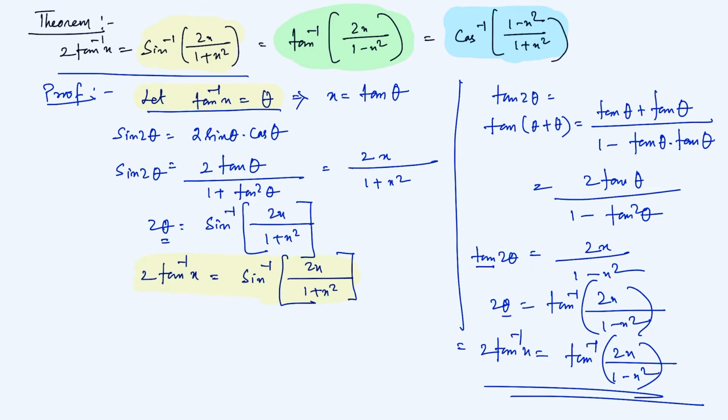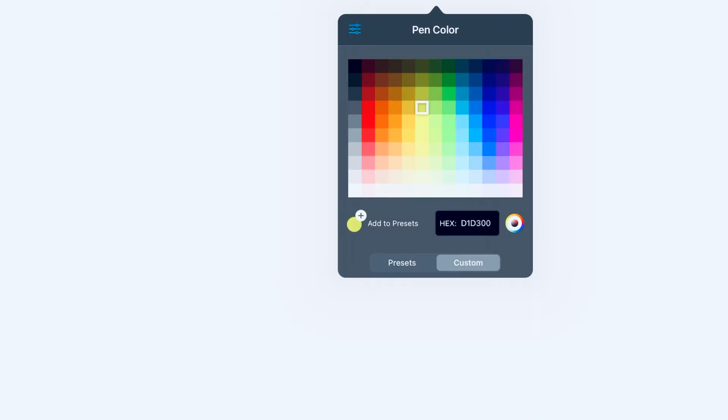Now I'm going to do another problem here. What is the problem? 2 tan inverse of x is equal to sine inverse of 2x under square root 1 minus x square.